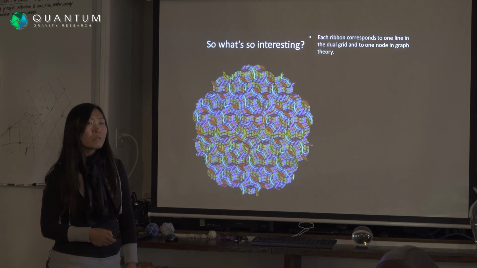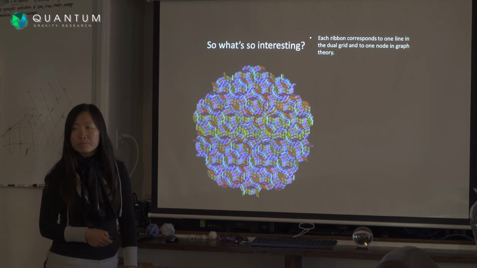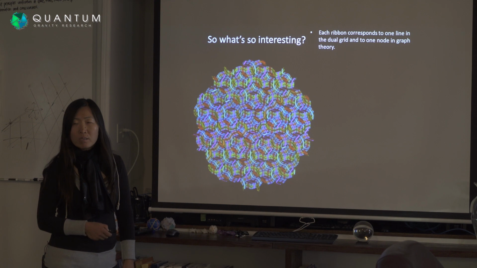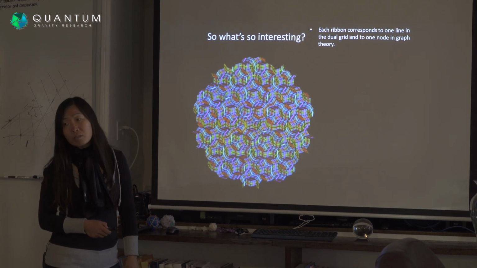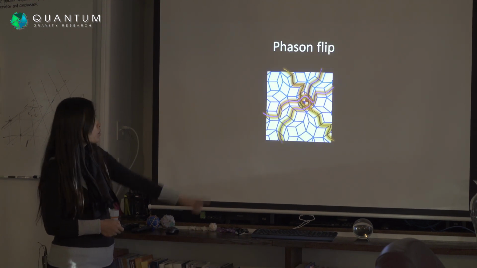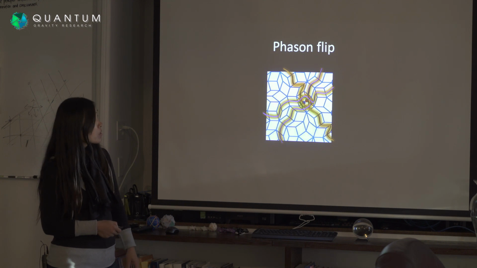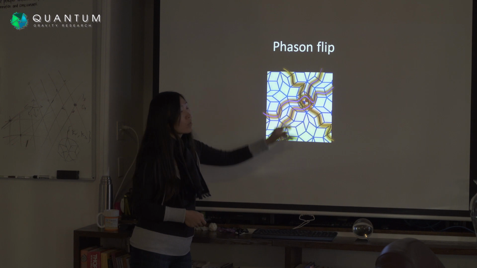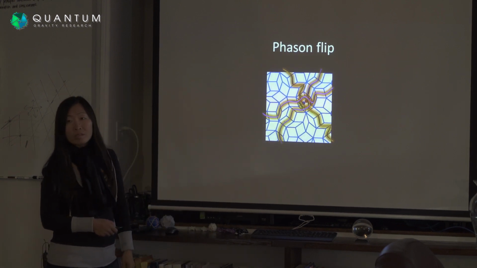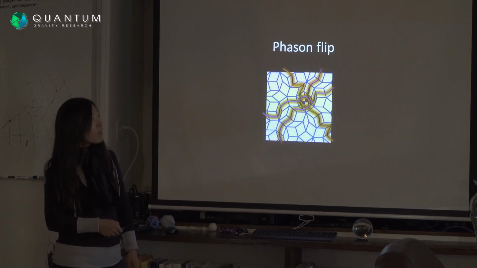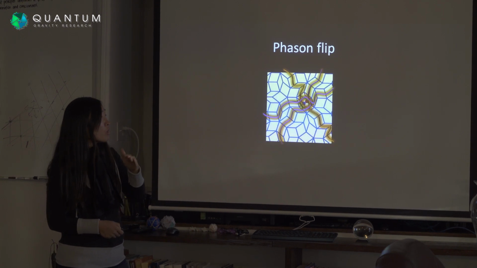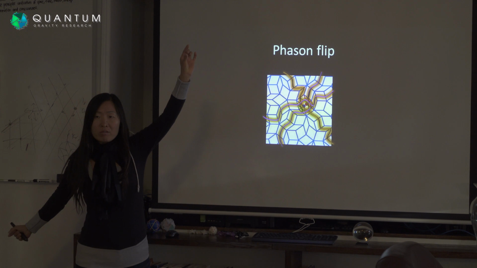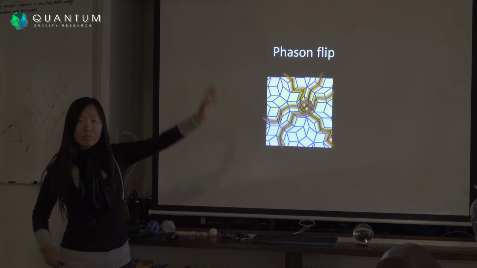I don't think it's infinite. If a phason flips and it has an empire, an infinite empire, then it would change. Yeah, unless it's the D type. The example here is actually the D type. Oh, yeah. So that's why it does not cause anything else to change. Only these. But even though the D type does not have an empire, it does cause 4 ribbons to change. Right. But I'm going to show you another vertex type.